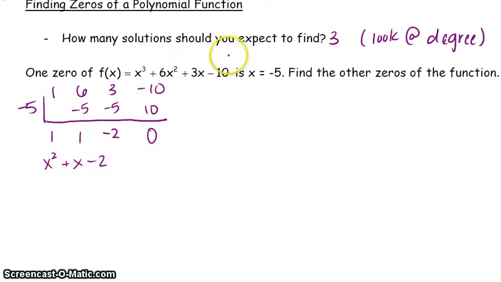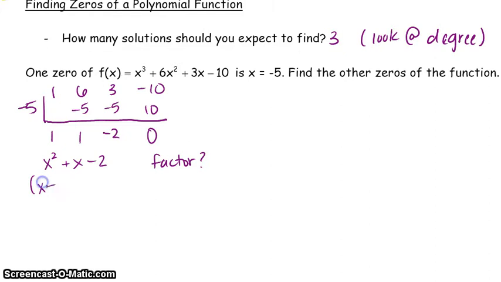We started off with an x cubed; when we divide by a solution or just an x, we're going to get x squared. So then from here we have to think, well, can we factor this? Can we simplify this at all? Okay. Well, looking at this, we can factor this. Just like a normal quadratic, we say what two numbers multiply to be negative 2 but add to be a positive 1.